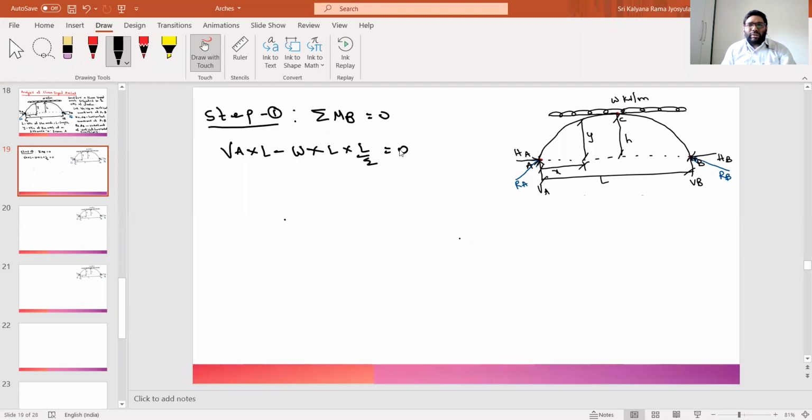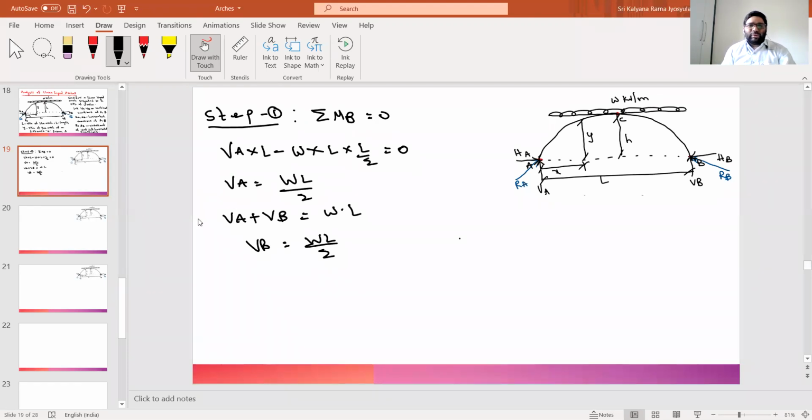Even if we have the horizontal force, we need not consider it, since it passes through the axis. So VA is equal to WL by 2. And we know VA plus VB is equal to W into L. So VB is equal to WL by 2. This is the first step.